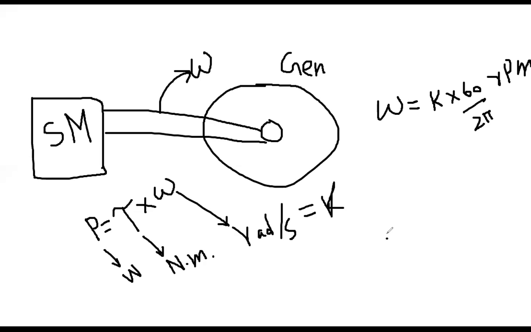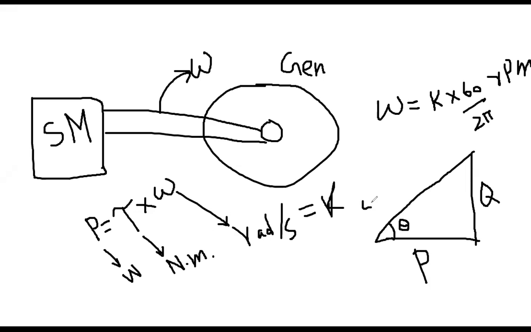Your P value is real power, your Q value is given. This is the angle theta, the power factor angle. This is your S, apparent power, which is P square plus Q square.